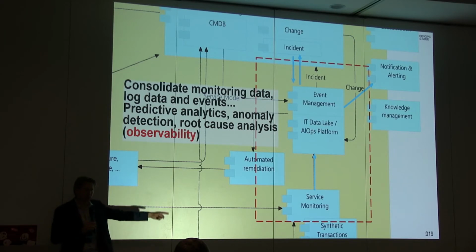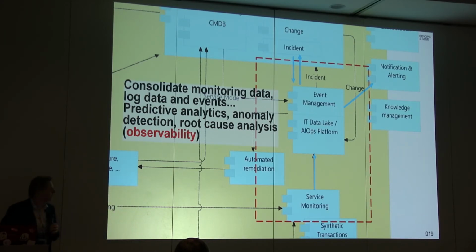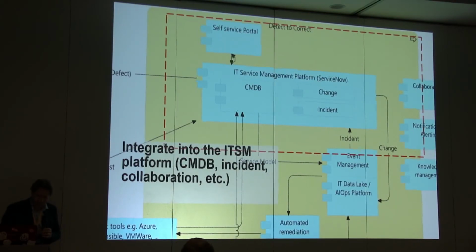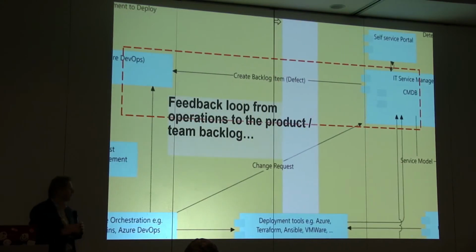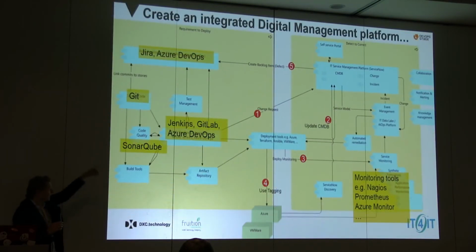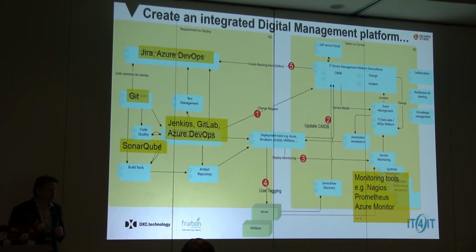Because we have 10 different monitoring tools out there, if not more, how do we bring it together? Based on that, notify people if there's something wrong, and create an incident. And as I mentioned, once an incident is created, maybe I need a feedback loop to my portfolio backlog to make sure that we have a closed loop and that we can resolve problems faster and more frequently.